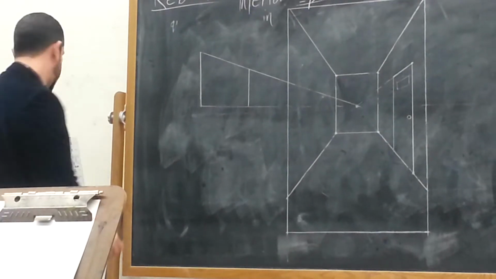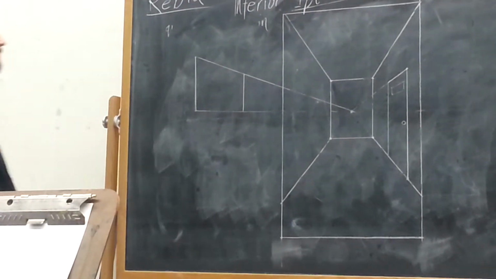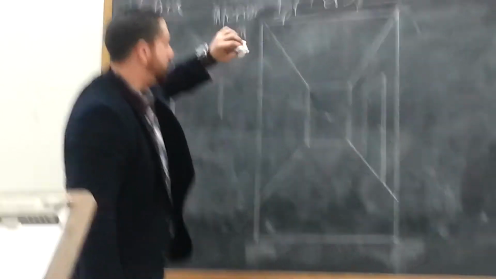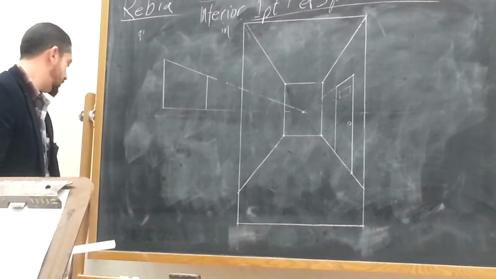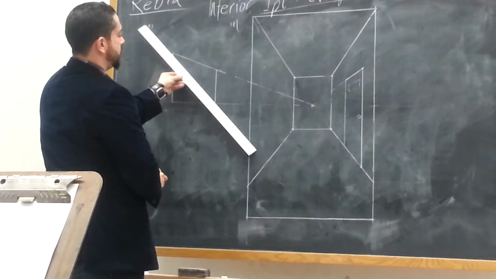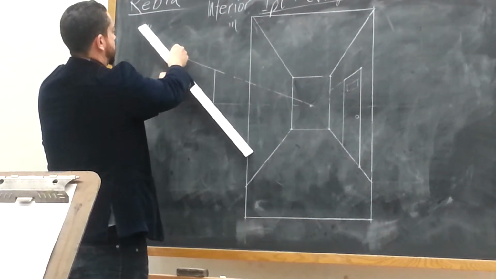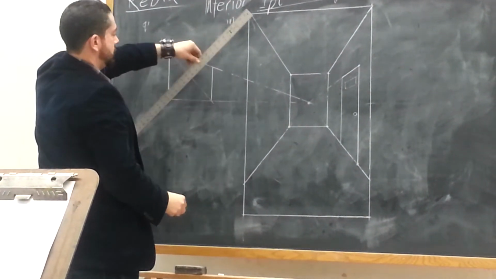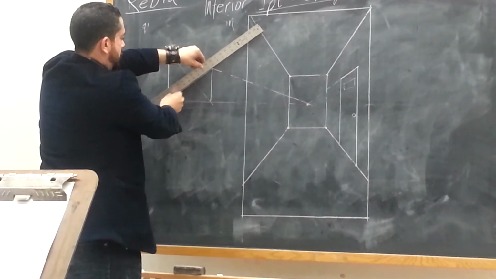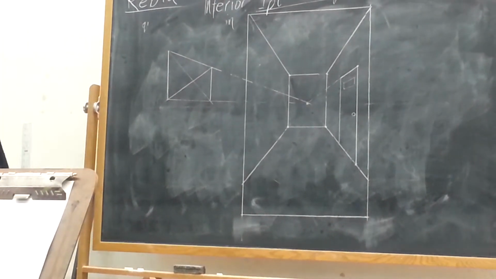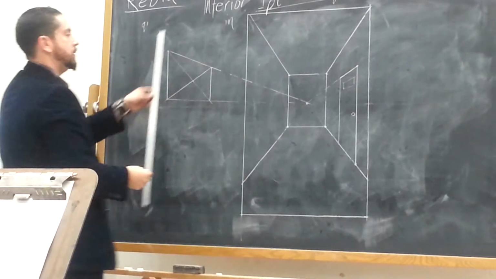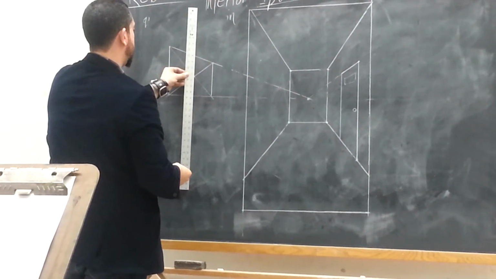How do I find my center? Anyone? No one? You do this. You cross it. Where those lines intersect, that's going to be my center. And you just draw a straight line up.